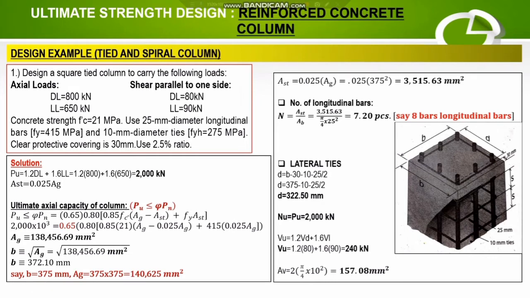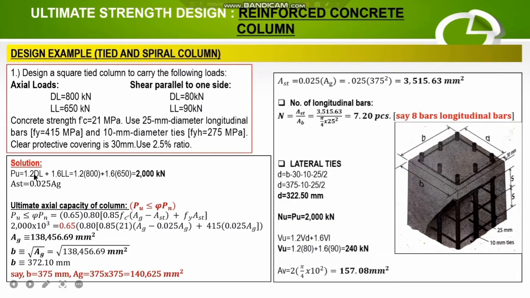Then, as designer, I will use Fc prime of 21 megapascals, bar diameter of 25, Fy of 415 megapascals or high yield strength bars, and 10 diameter ties with Fyh of 275 megapascals. Then clear protective covering is 30, and I will use a 2.5% steel reinforcement ratio.